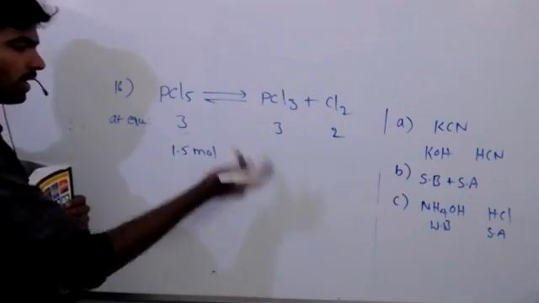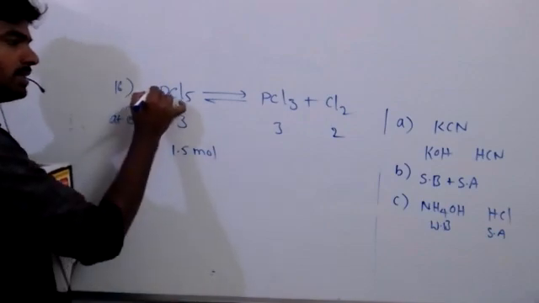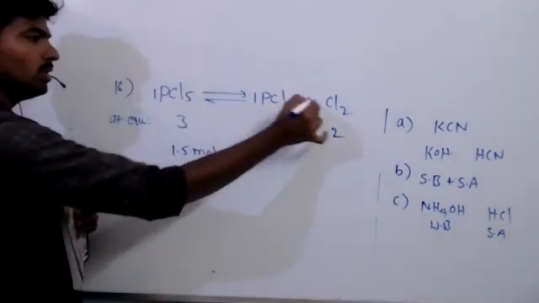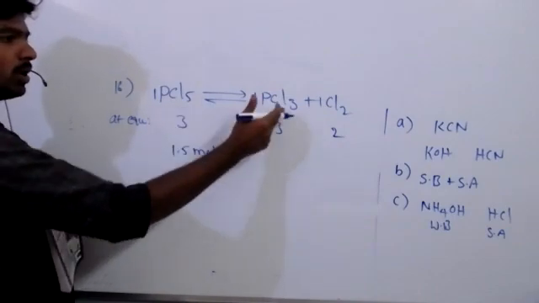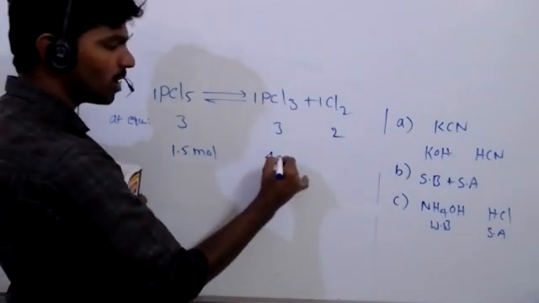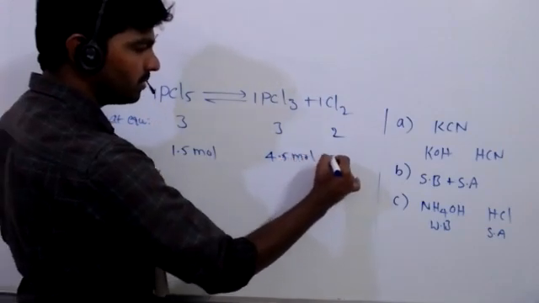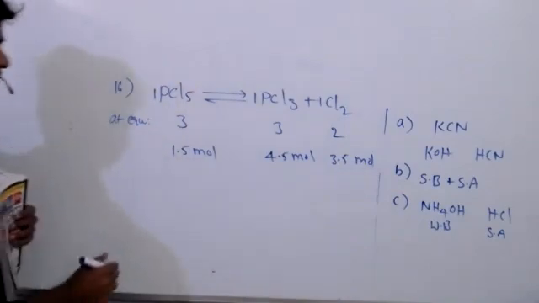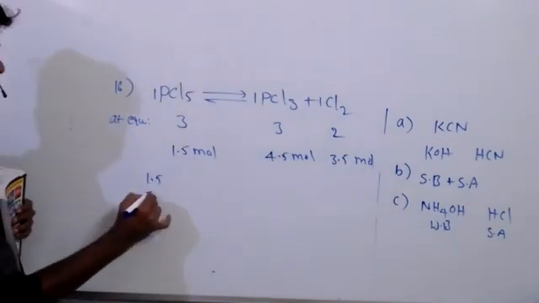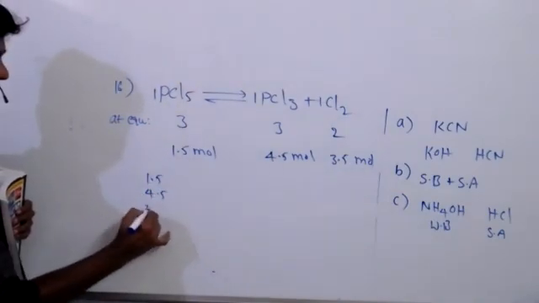It means 1.5 mole reacted, no? In the balanced equation, this is 1 mole, this is also 1 mole, this is also 1 mole. Here, 1.5 mole reacted means 1.5 mole of PCl3 increased. This became 4.5 mole. This became 3.5 mole. So now add this all: 1.5, 4.5, 3.5.